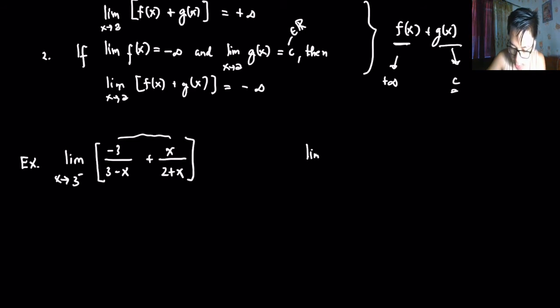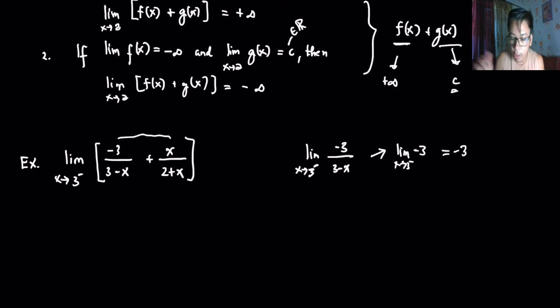The limit of negative 3 over 3 minus x as x approaches 3 from the left. If I double check the numerator, the limit of the numerator, negative 3, as x approaches 3 from the left is actually negative 3. So that's constant.